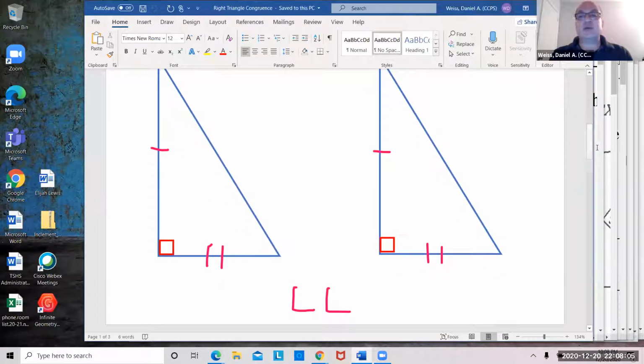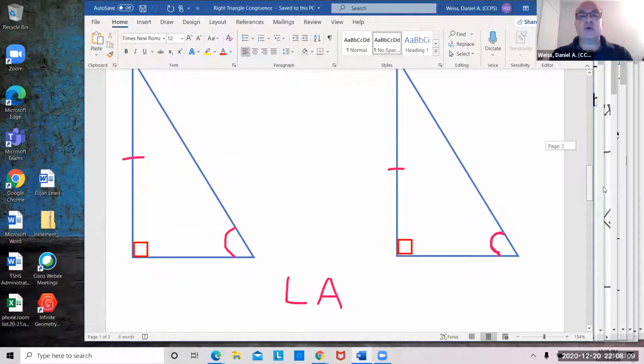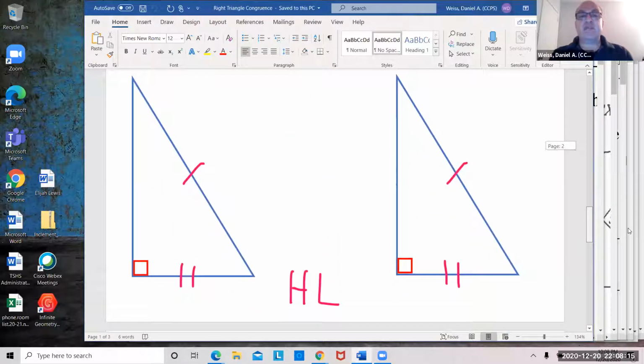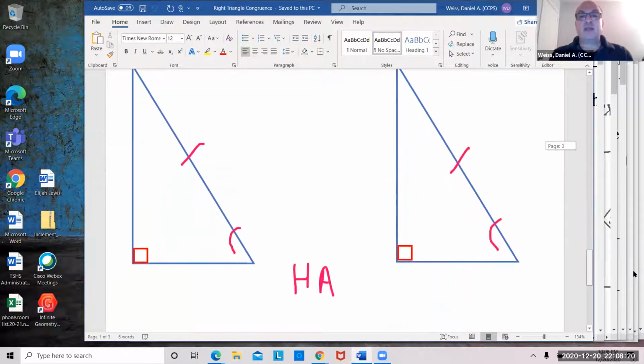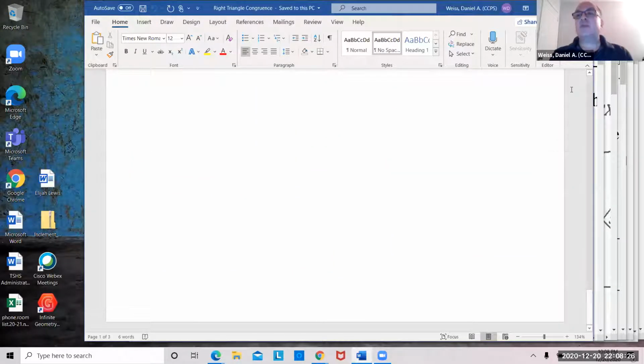The two legs are congruent. How are these two congruent? Leg and an angle, LA. This one's going to be hypotenuse leg, HL. And this is hypotenuse angle, HA.